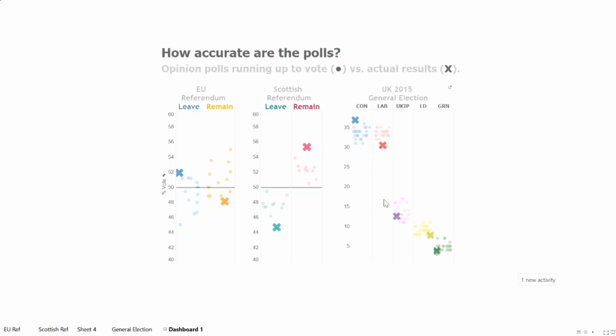I saw the advert for the Data School, and the rest is history. So I thought it'd be interesting to look at the accuracy of opinion polls and compare three recent elections and referendums side by side, just to get a big picture view of how accurate these things are.